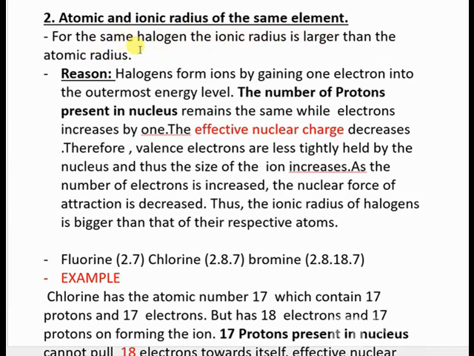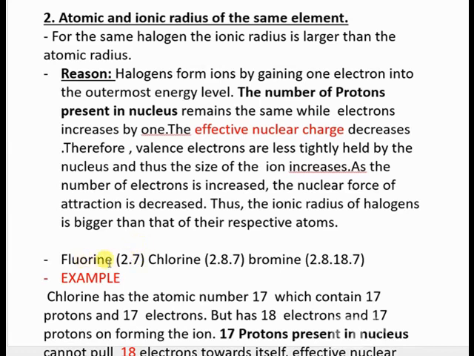So why is that the case? Halogens form ions by gaining 1 electron into the outermost energy level. That is very nice, very correct. Look at this. Chlorine has electron configuration of 2, 8, 7. So how many electrons does it need to be stable? It needs 1 electron.